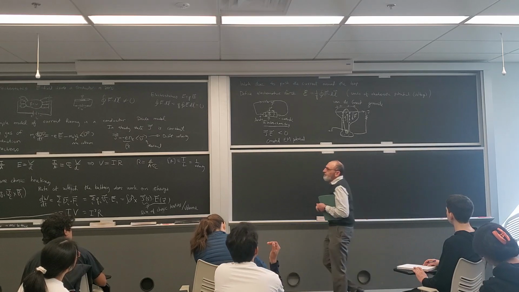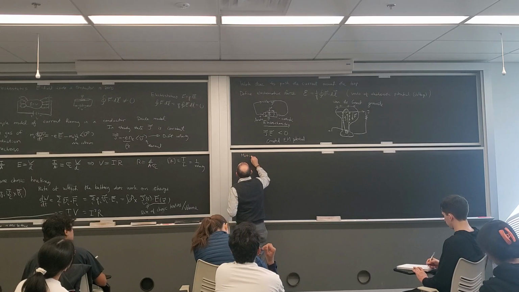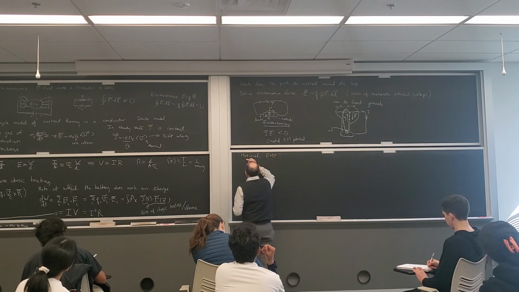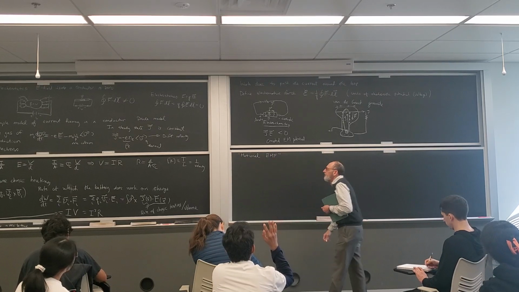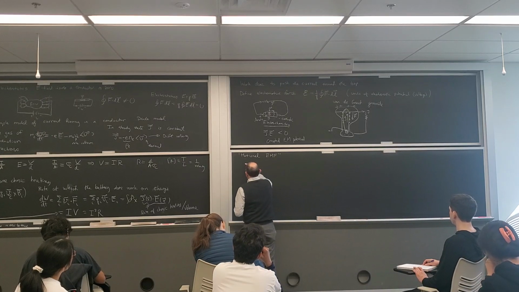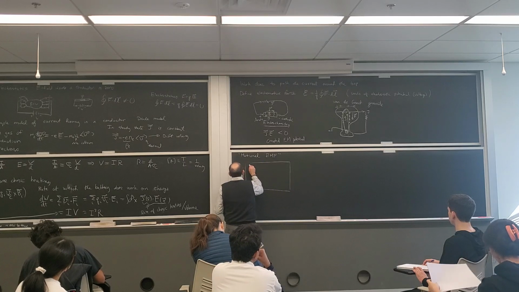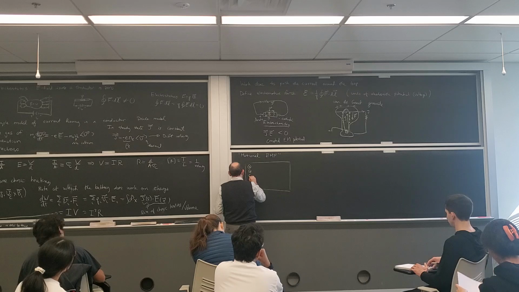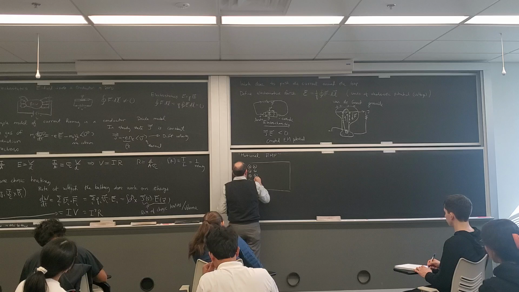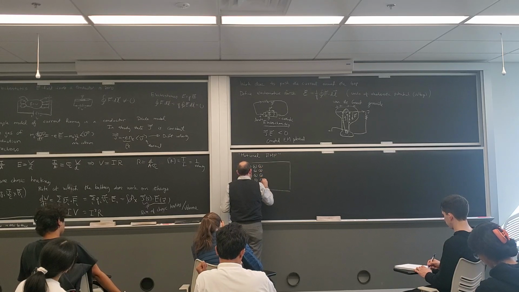Okay, let's talk about another example, what I'll call motional EMF. Let's think about the following example. Suppose I have set up, maybe between some permanent magnets, a region with a very uniform magnetic field.